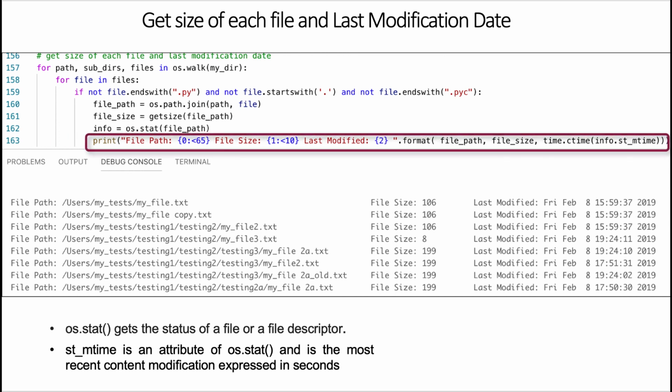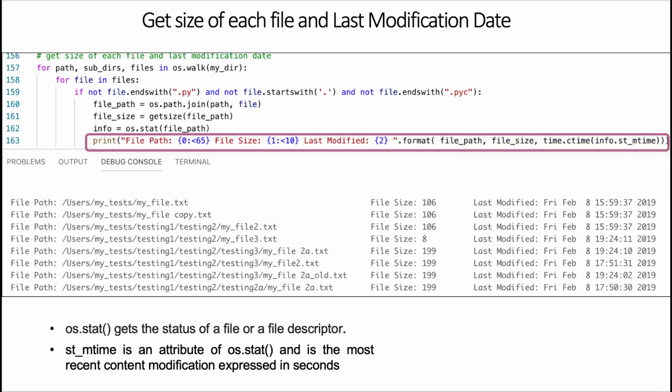So print file name, and then we use string formatting 0, 1, and 2. We're just justifying to the left here in a field of 65 for the first element, and justifying to the left in a field of 10 for the second, and nothing for the third. File path first, file size, and here's where I convert, because remember, st_mtime presents the time it was last modified in seconds.